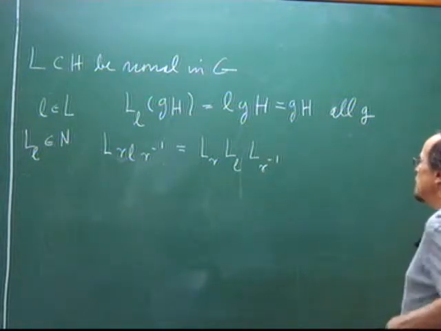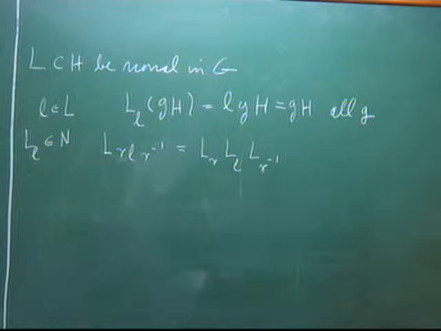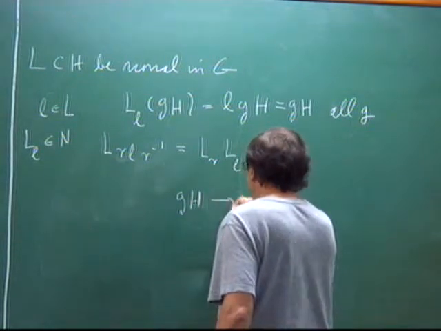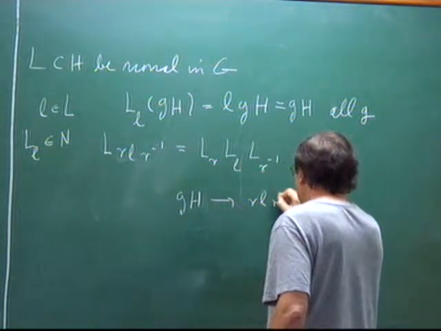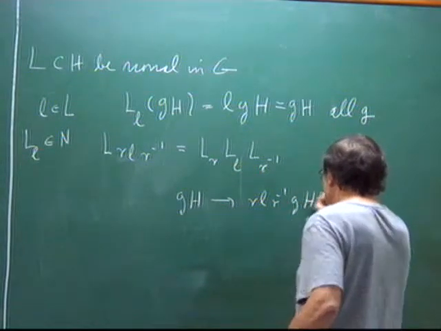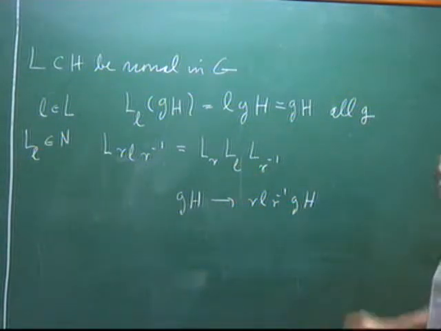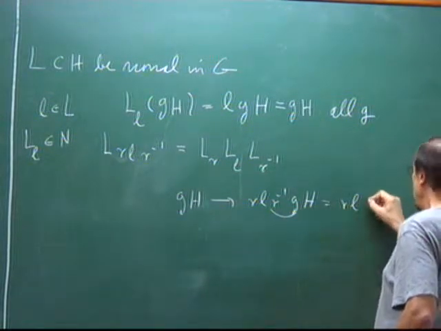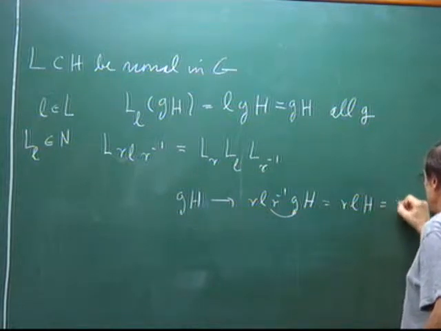So let it act on gH. What does it do to gH? It takes it to r l r inverse gH. But of course, this is another element of G, and l acts trivially on all elements. So it's r l H. L lies in H, so it's rH.